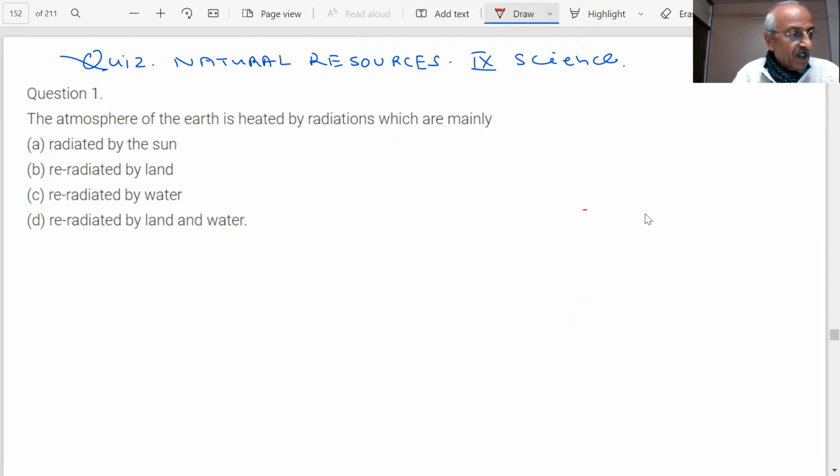Question number 1: The atmosphere of Earth is heated by radiations. Is it true? The atmosphere of Earth is heated by the radiations mainly radiated by the sun, re-radiated by the land, re-radiated by the water, re-radiated by land and water, students. What is the appropriate answer for this question?